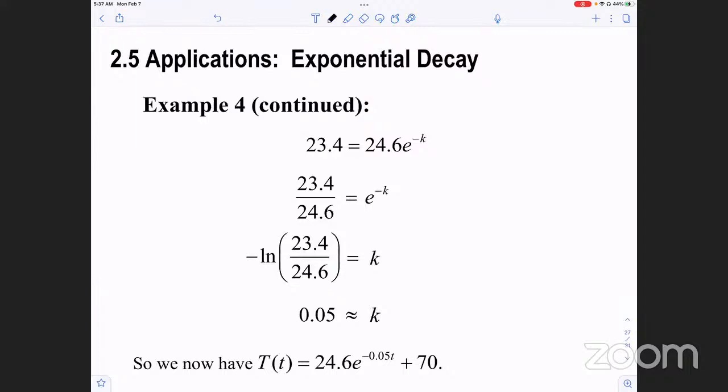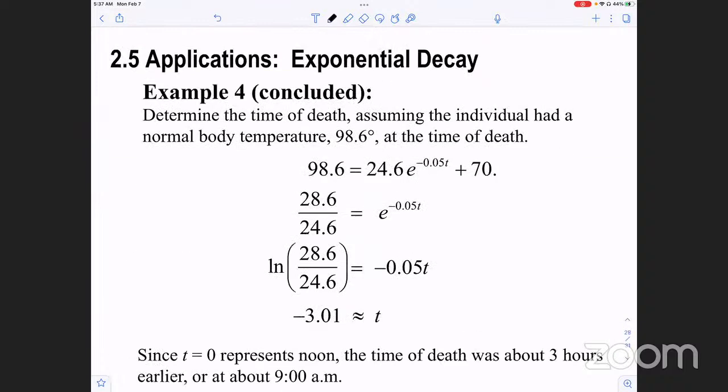I just left mine in that form instead of rounding. So then they plug those into the Newton's law of cooling formula, all right? So 3.01. The time of death was about 3 hours earlier, or at about 9 a.m.